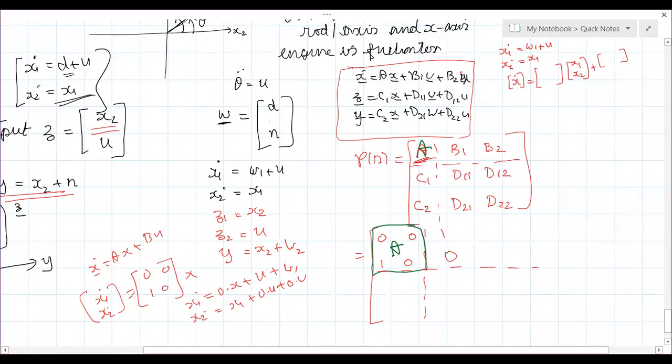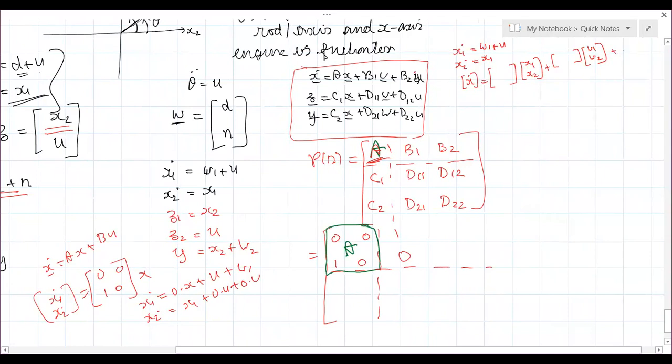So w, there are two terms, right? w1 and w2. So you will get this into w1, w2. Okay. Plus something into u.